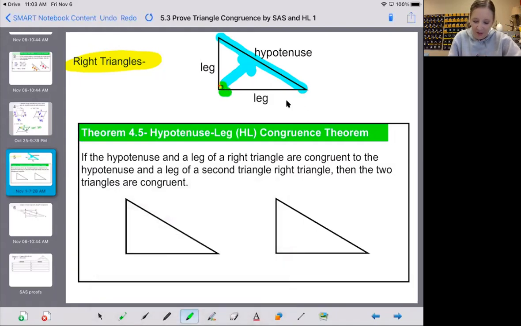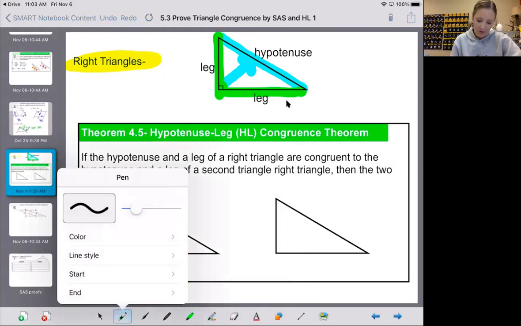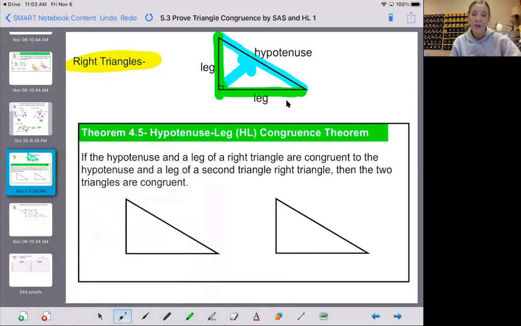So this side here is called a leg, and so is this one. So just the two leftover sides, essentially. If you look down at the theorem here, it says if the hypotenuse and one of the legs of a right triangle are congruent to the hypotenuse and the leg of the second triangle, then the two triangles are congruent.